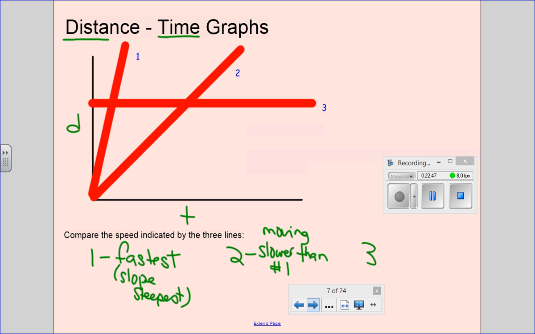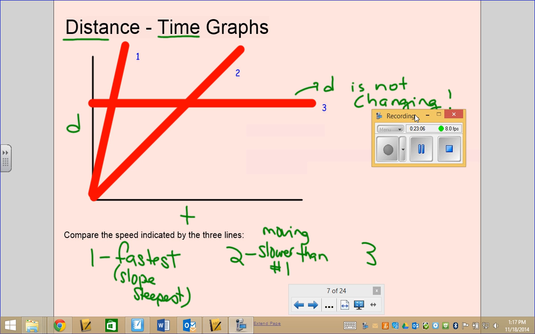So notice here, for this line, that distance is not changing. That means that the object is not moving at all. So it's not technically uniform motion if the object is not moving. Since distance is not changing, this object is stopped. It is not moving. It is sitting still at a particular spot over time, not going anywhere.